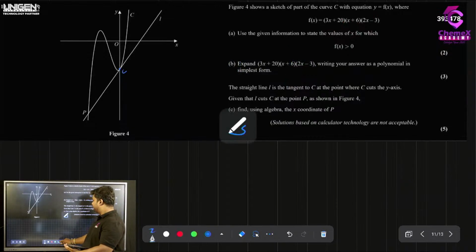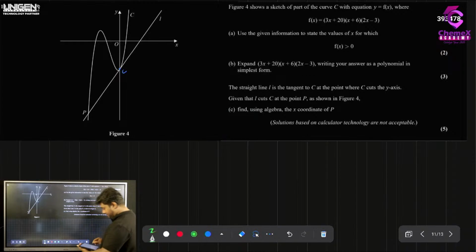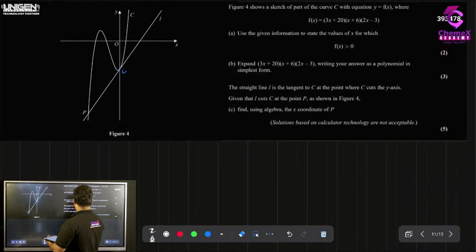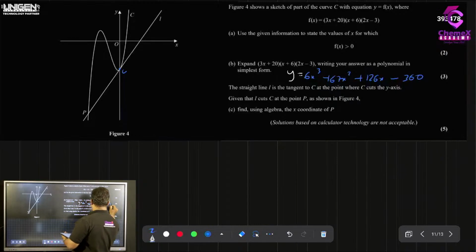How do you find it? Since you found y equals 6x cubed plus 67x squared plus 126x minus 360.